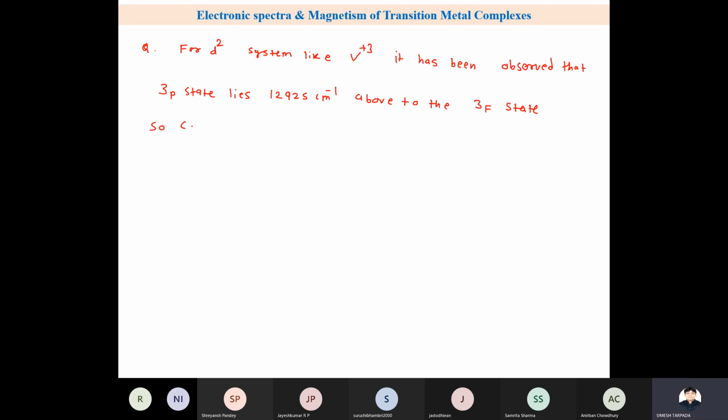So calculate the nephelauxetic ratio. You are given the Racah parameter B for the free metal ion equal to 862 centimeter inverse.